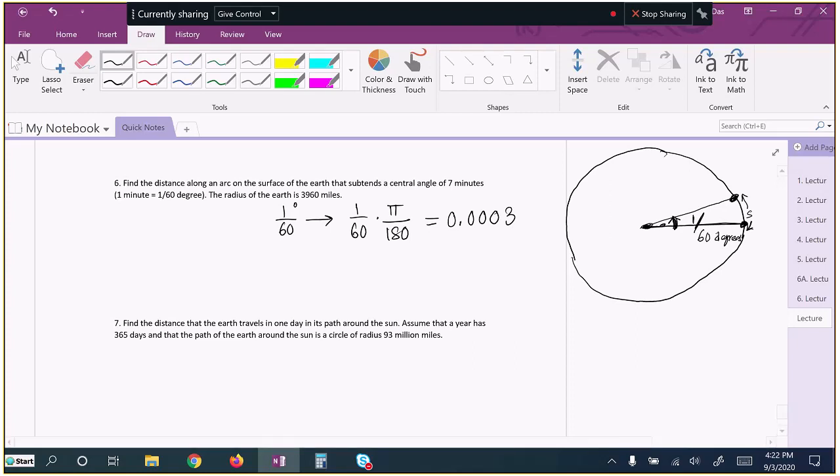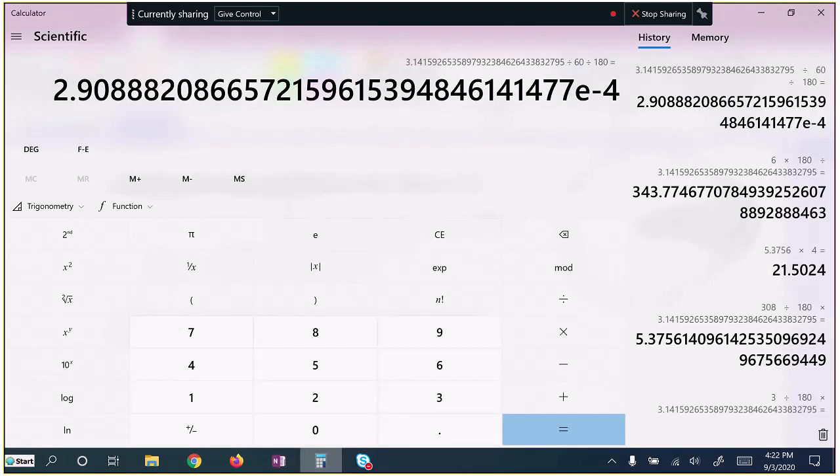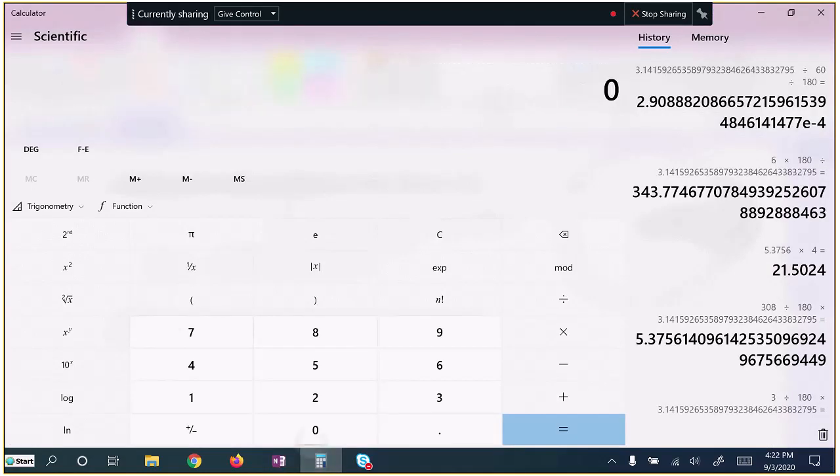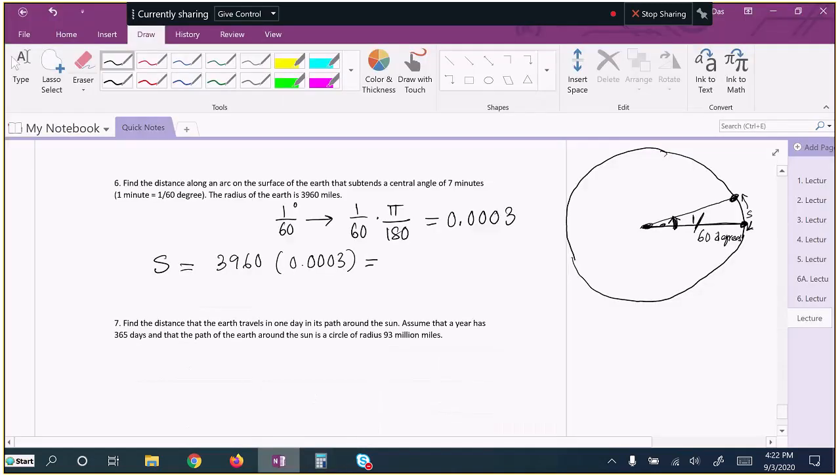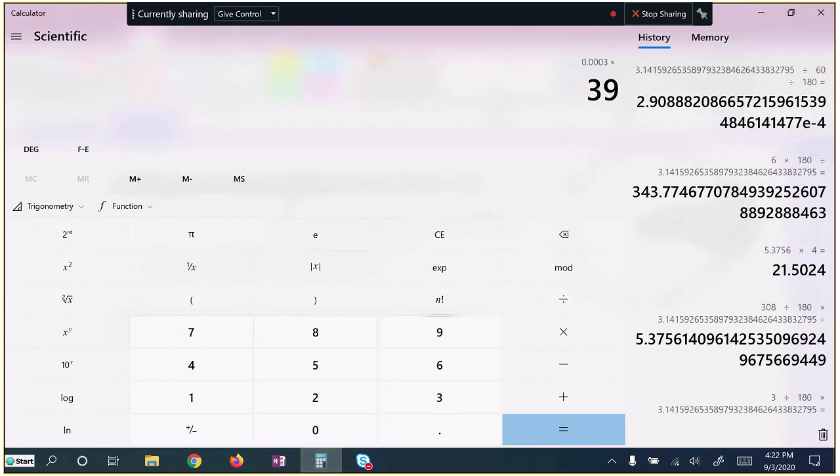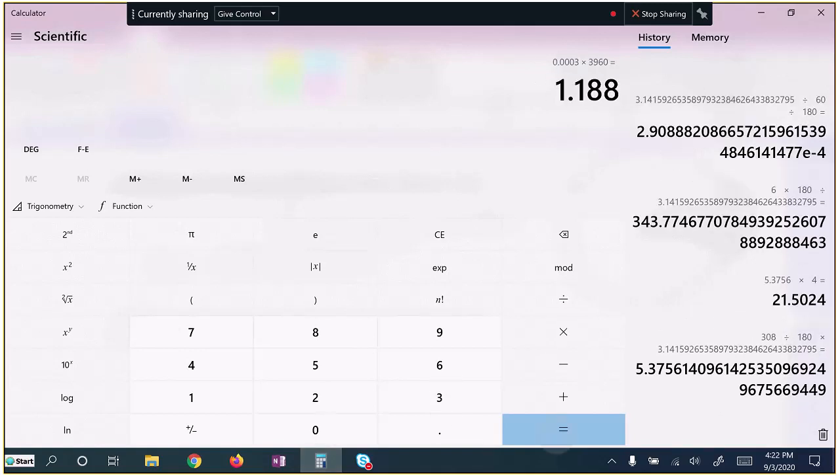I'm going to use this, and the formula is s equal to r theta. So s is what I'm trying to find out. r is 3,960 miles times 0.0003. So let's see that. 0.0003 times 3,960 miles.